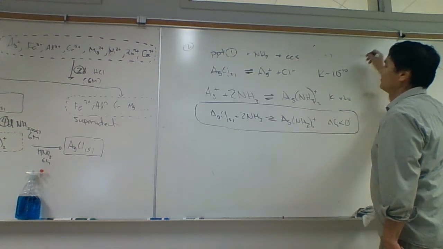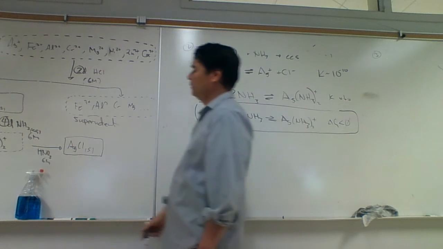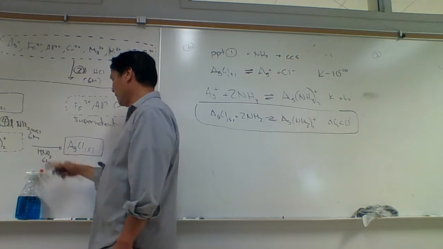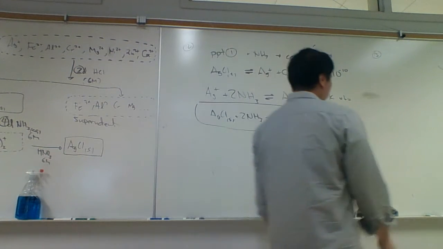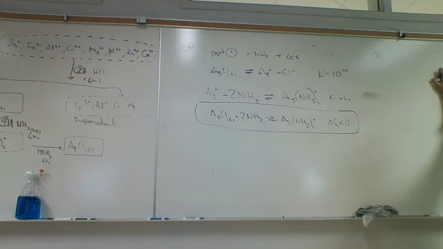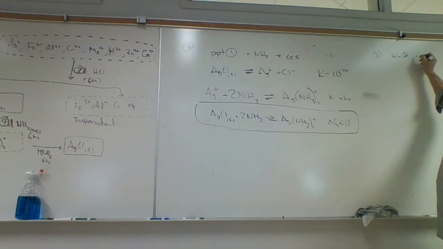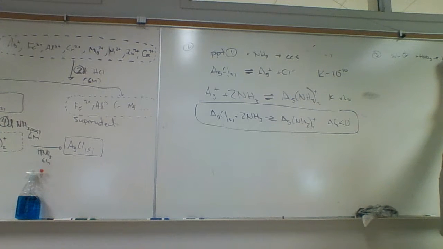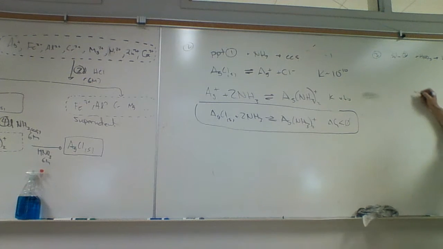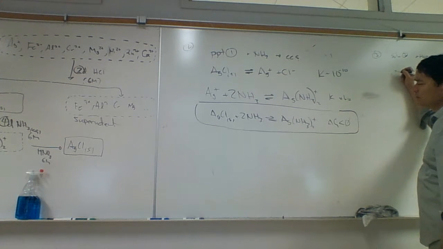Okay, in the next one, we regenerate the silver chloride precipitate by adding HNO3. The purpose of the HNO3 is this. Here we take the solution from 2 plus HNO3, and then we get a white PPT. That would be the observation. There are different ways we can write the equation for this.